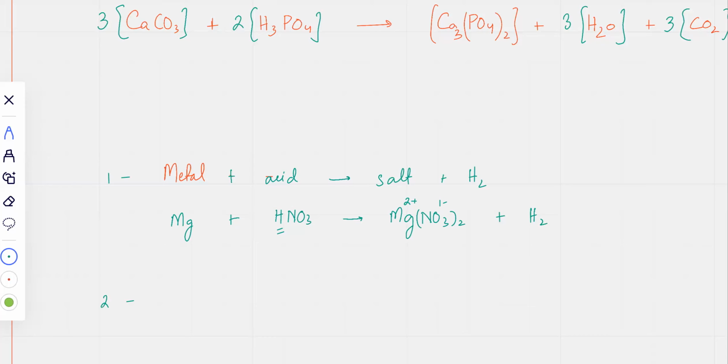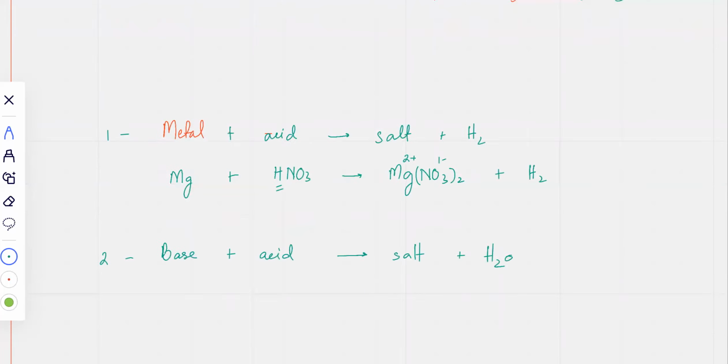Second one, we did base plus acid, and that is going to form salt plus H2O. What's a base? I told you, it was oxides and hydroxides.